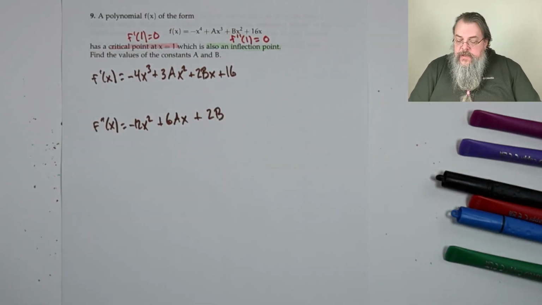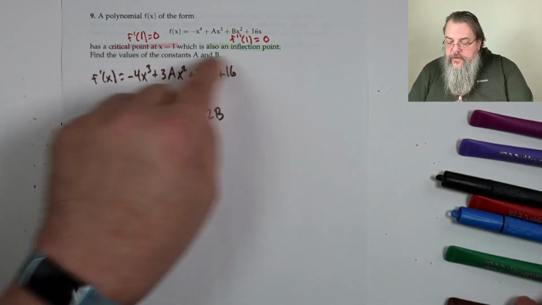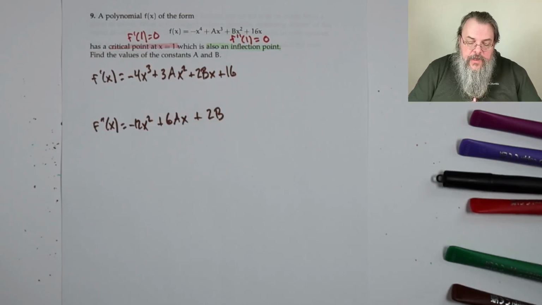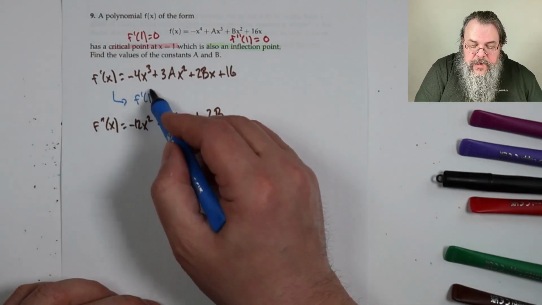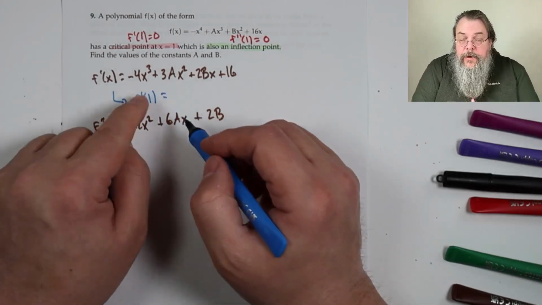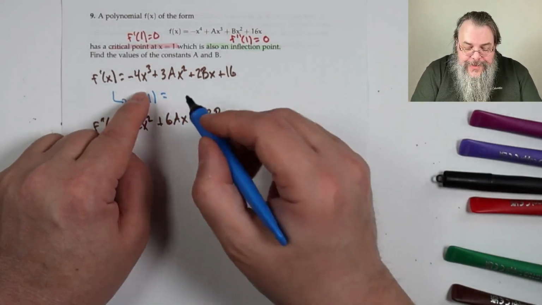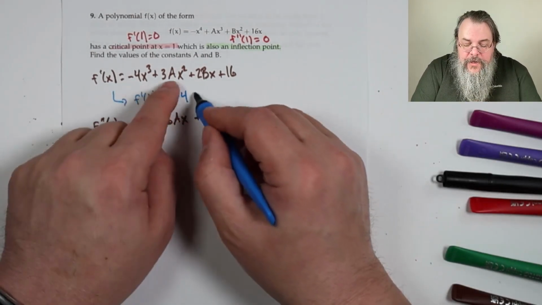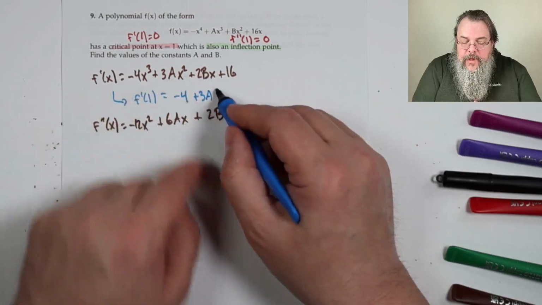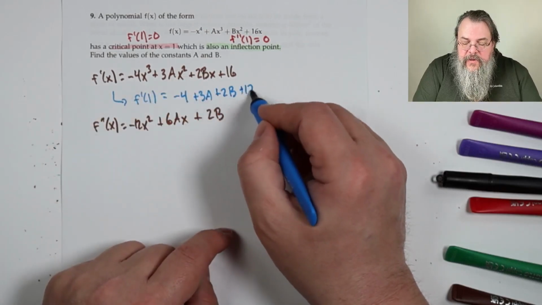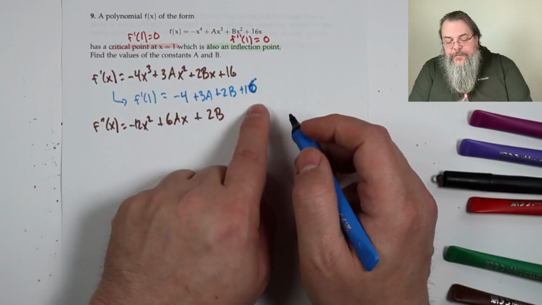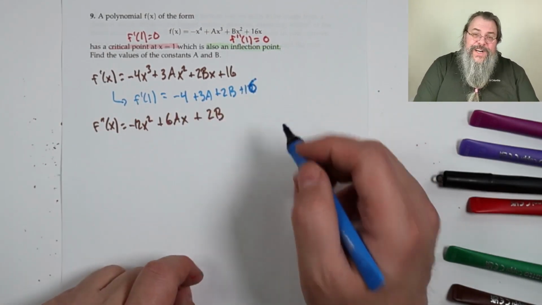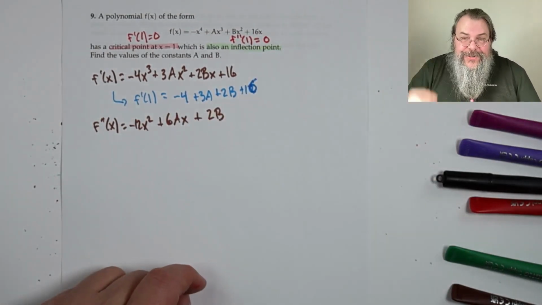Okay, and we now are going to evaluate. That tells us f prime of 1 is, and the great thing about 1 is you're really looking at coefficients, minus 4 plus 3a plus 2b plus 16. I already did the computation: 16 subtract 4 equals 12. But don't go too quickly.